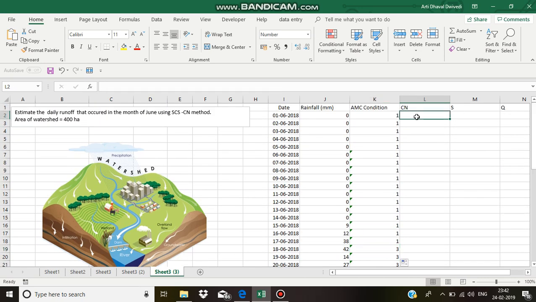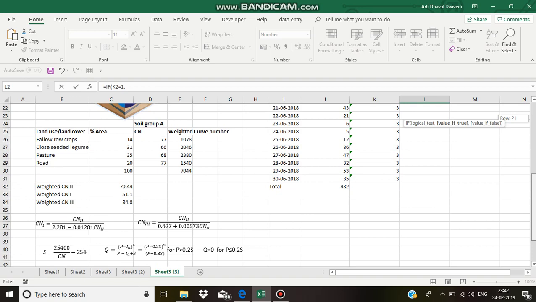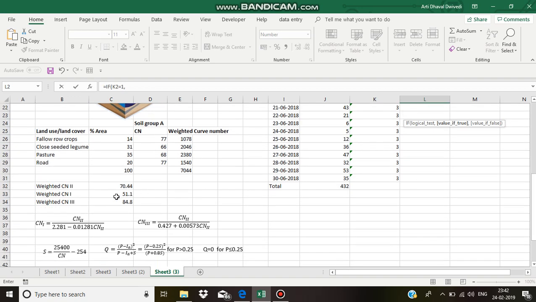Now, corresponding to the AMC condition, we will write the curve number values. If the AMC condition is 1, if K2 is equal to 1, then the curve number value should be equal to 51.1.